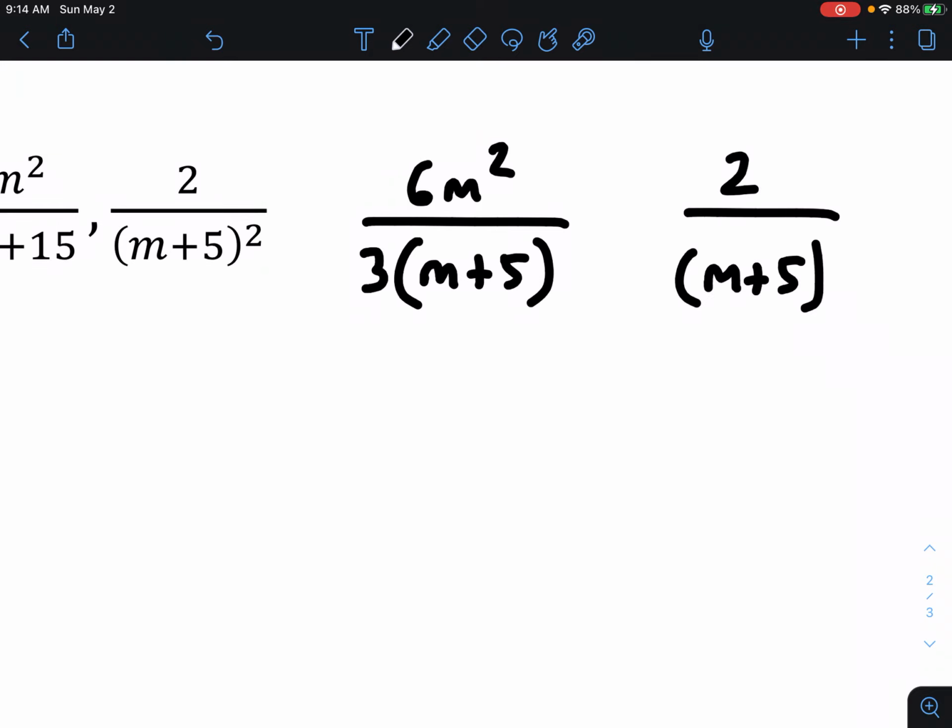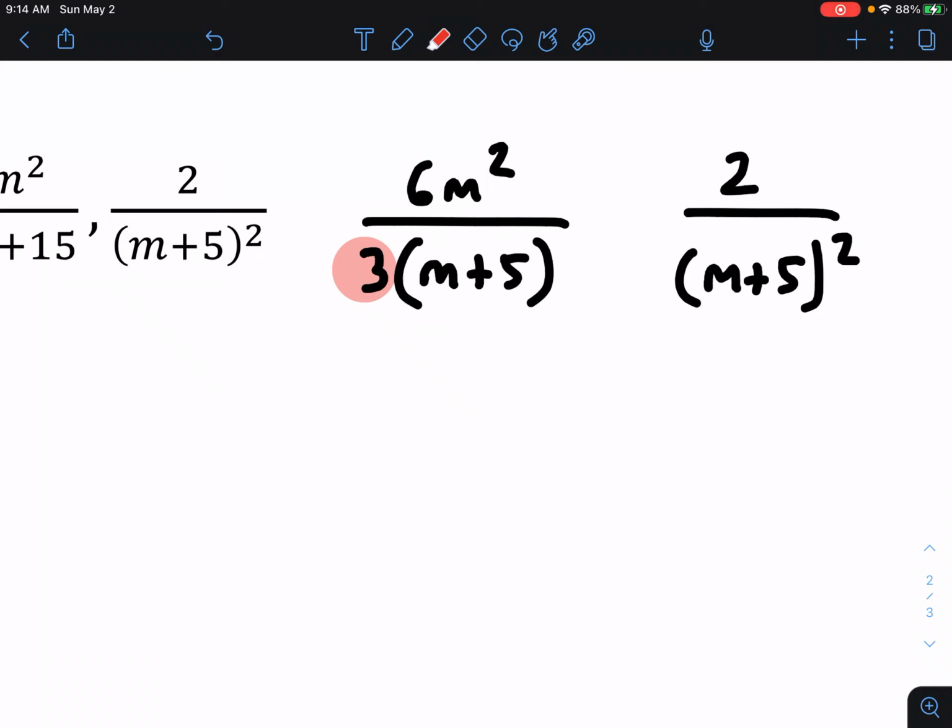So this is where we kind of have to go through our little list of rules. We want to circle all the unique factors, or highlight. So there's a unique factor. 3 is unique, right? Now the m plus 5, we have m plus 5s in both of them, but we don't want to take both of them. We only want to take the one that has the highest exponent.